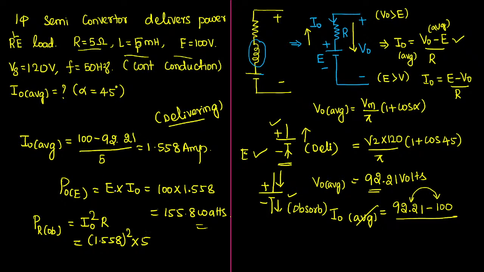So I can say the power absorbed by the resistor is 12.1368 watts. Yes or no? This will be correct. Fine, sir. So this is how we are doing the calculations for the semi-converter.